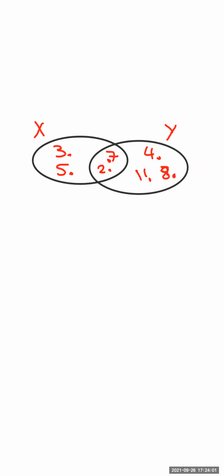So my question now: what do you think about the set of X and the set of Y? What about the elements of X? I'm talking about X first. Okay, so X will be 3, 5, 7 and 2.